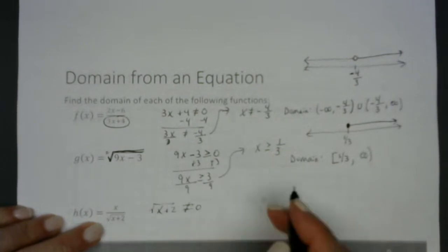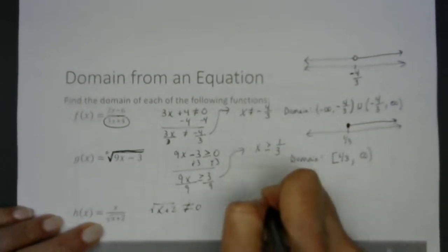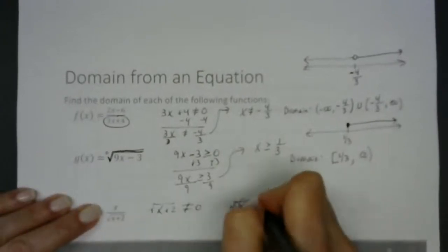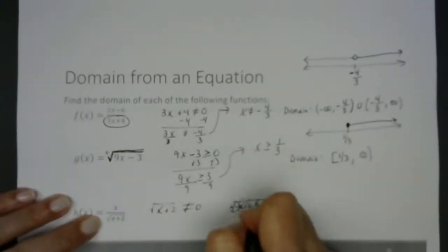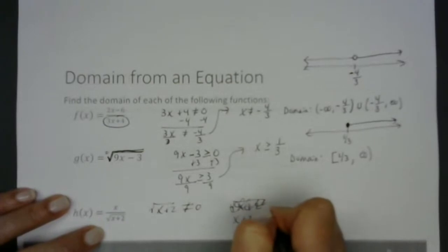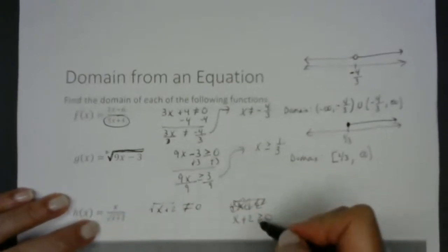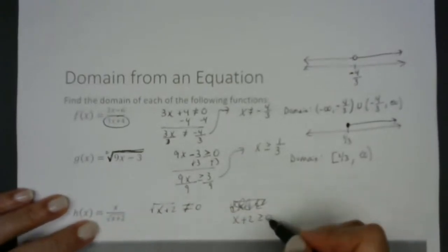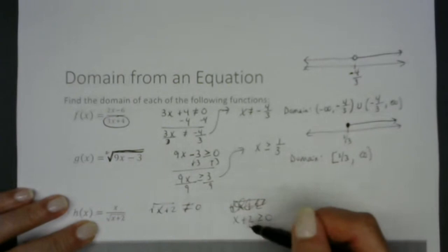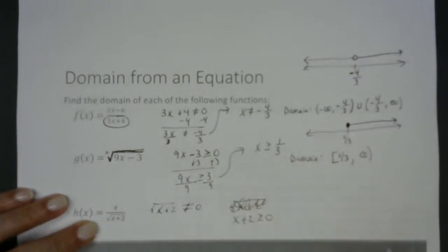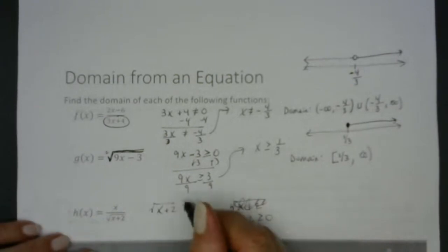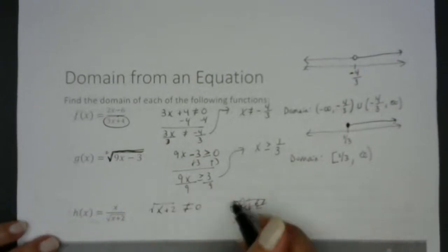But I also have to say that the radicand, x plus 2, has to be greater than or equal to 0, because even roots have to have non-negative radicands. Well, these two sort of contradict each other. I need to take the most restrictive result, because both have to be addressed.